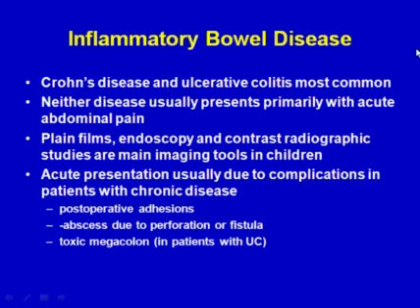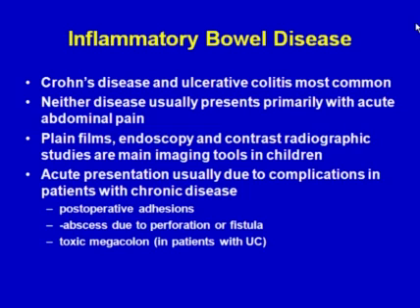Now I'd like to move on to a discussion of inflammatory bowel disease. Crohn's disease and ulcerative colitis are the most common entities, and neither disease usually presents primarily with acute abdominal pain. In children, plain films, endoscopy, and contrast radiographic studies are the main imaging tools employed.